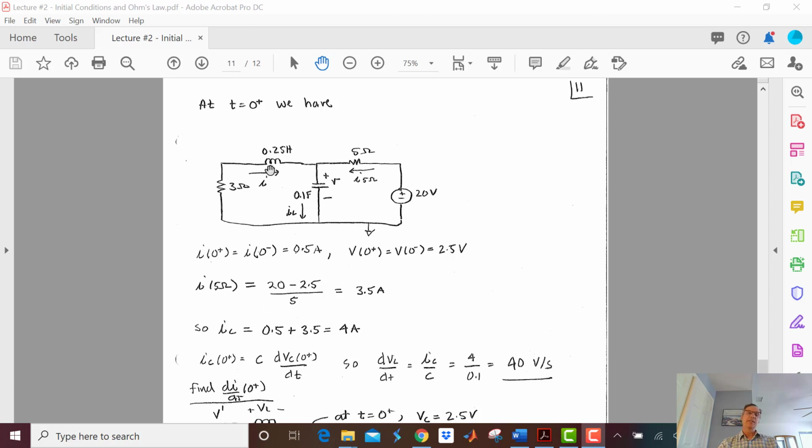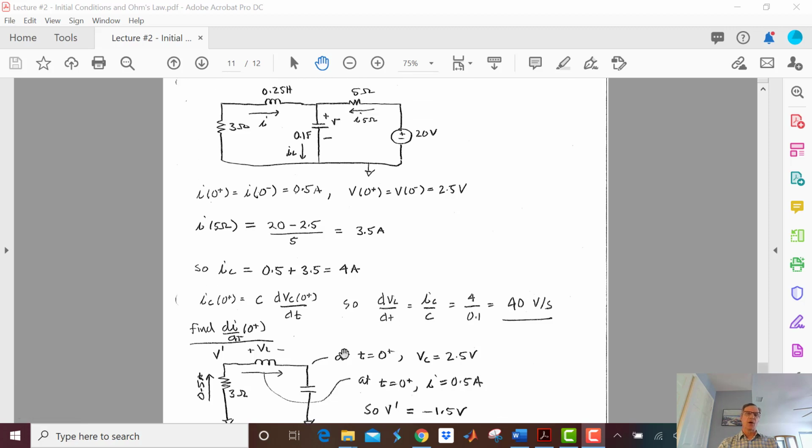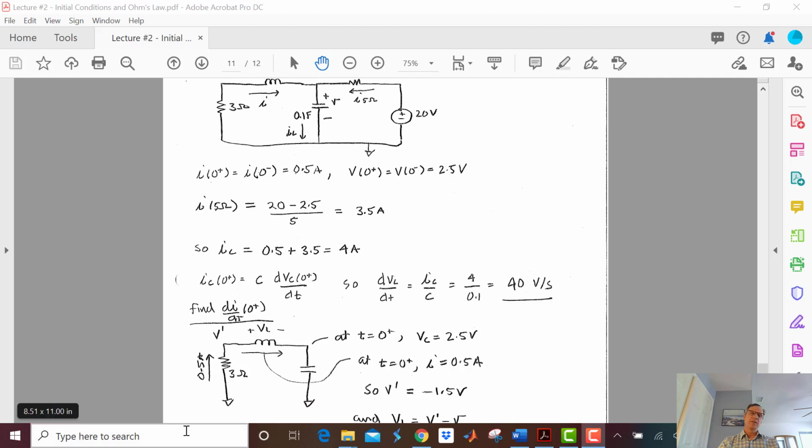Now let's find di dt for this inductor, which is the current that goes through the inductor. And to do that, I'm going to actually draw myself a little drawing here. I know that the inductor current is going to be a half an amp at t equals 0 plus, and I know that the capacitor voltage is 2.5 volts.